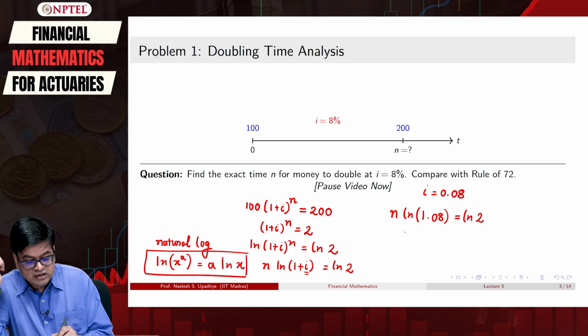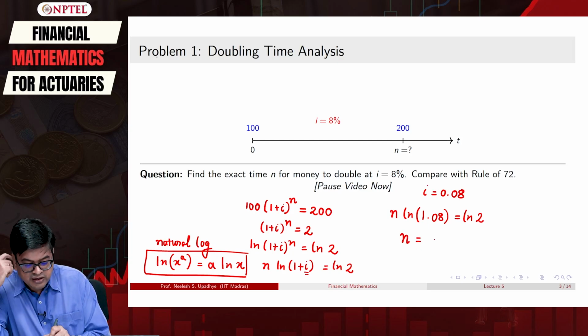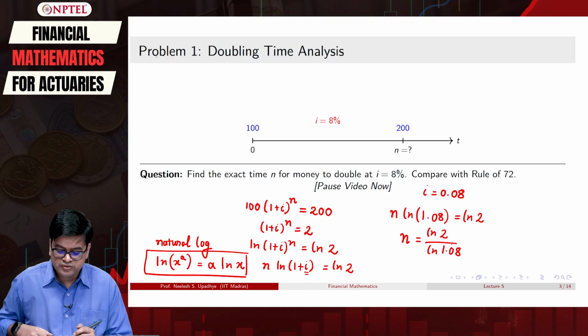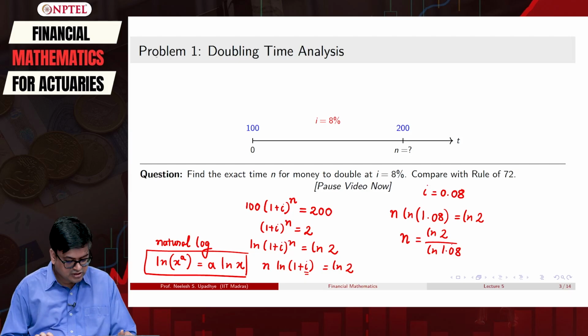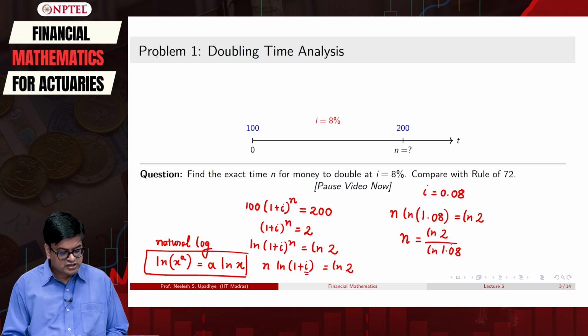That simply means if I want to get the real estimate of n, I need to take ln of 2 divided by ln of 1.08. How will you do that? There are two ways. One is you can use approximation, another is you can use a calculator. So let us use a calculator.